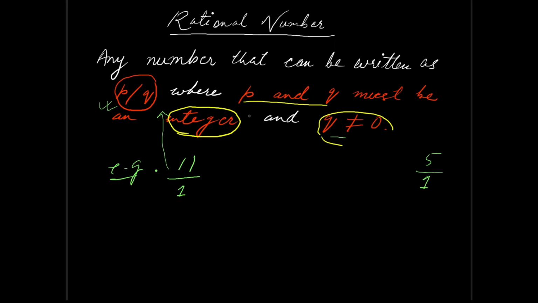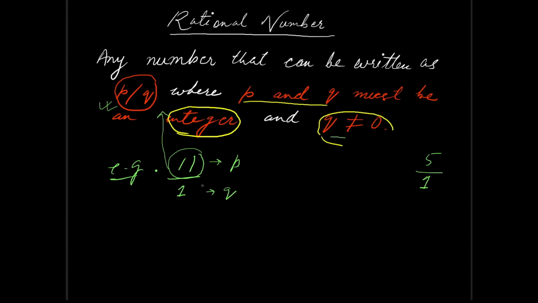Let's check the second condition. P and q must be integers. Here we have p equal to 11 and q equal to 1. Both 11 and 1 are integers, no doubt. And the third condition, we have q not equal to 0. Here we have q equal to 1, and 1 is not equal to 0. So we can say that 11 is also a rational number.